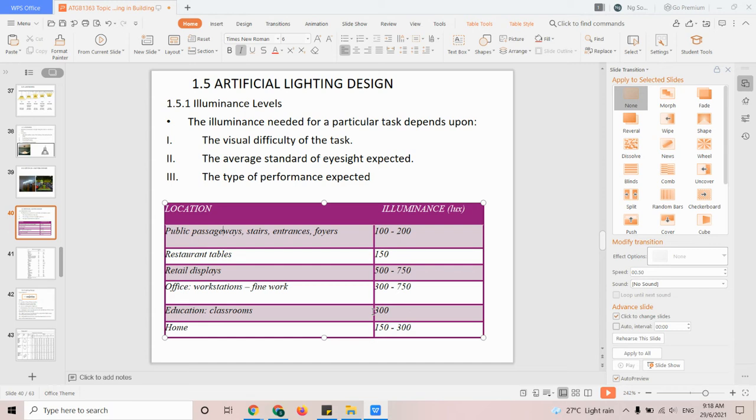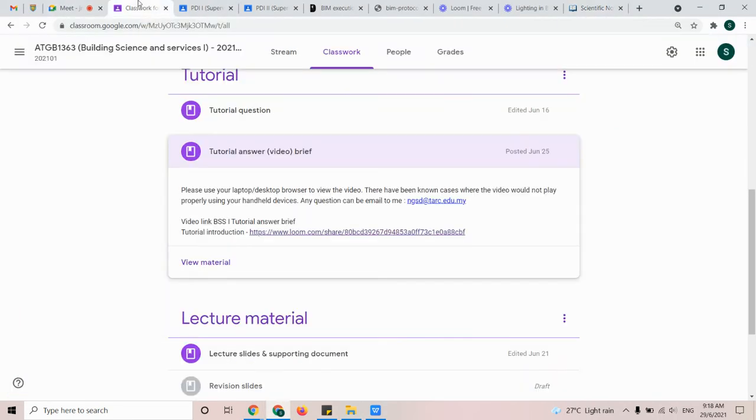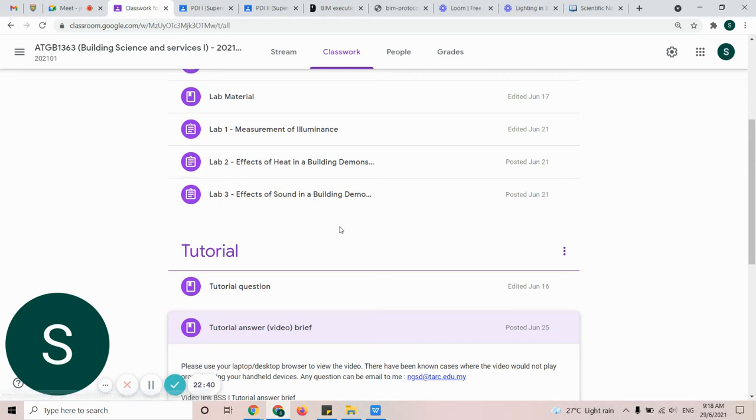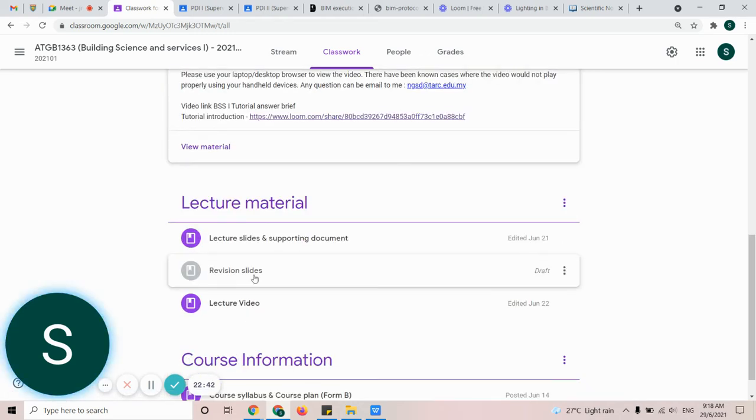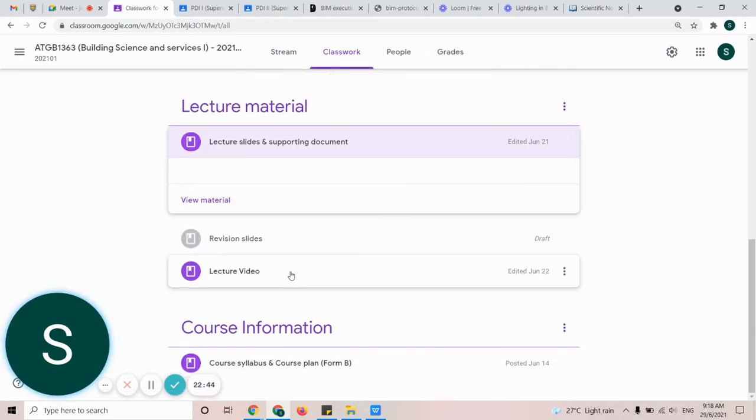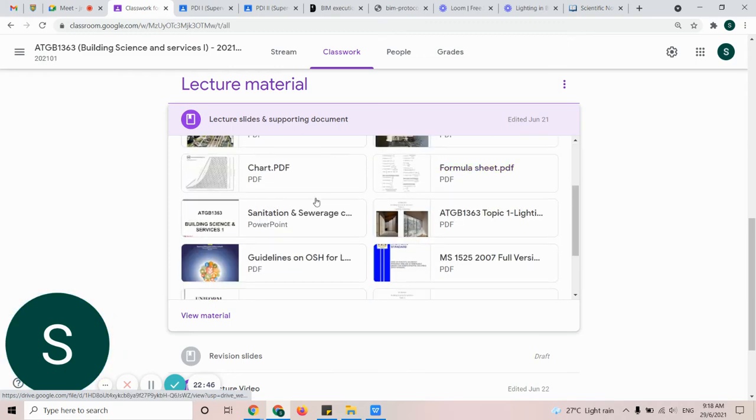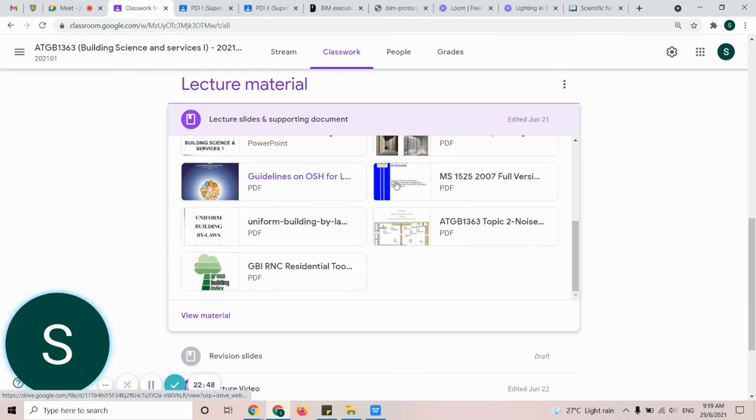So when you come out to work, based on what is specified, you just refer to the standard code of practice. In your classwork, I've actually given out some material. You guys can have a look at it, which is, let's see, the OSH.